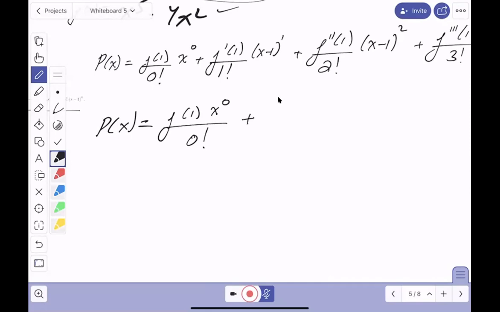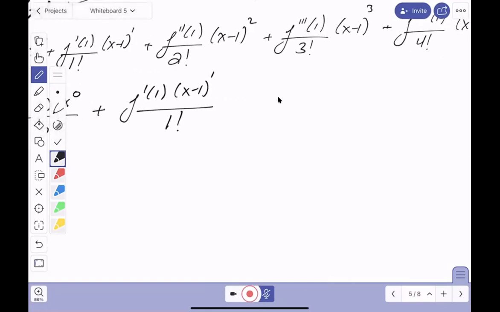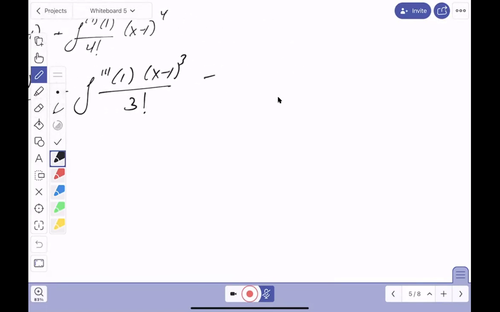This is very easy to write down, by the way. f prime of 1 x minus 1 to the first power over 1 factorial plus f double prime 1 x minus 1 squared over 2 factorial plus f triple prime evaluated at 1 x minus 1 cubed over 3 factorial plus the fourth derivative evaluated at 1 x minus 1 to the 4 over 4 factorial.